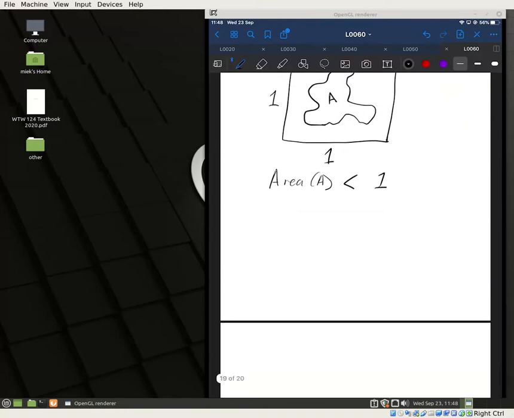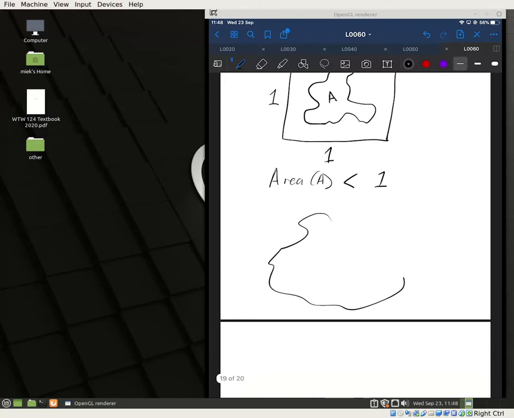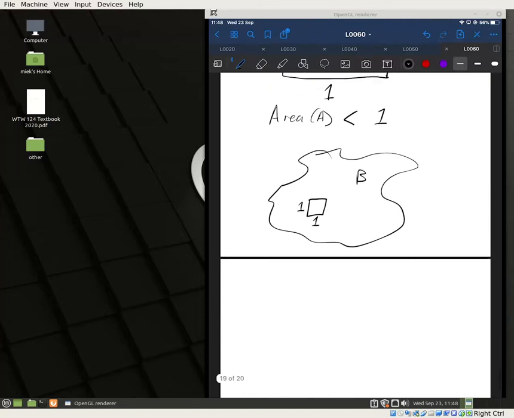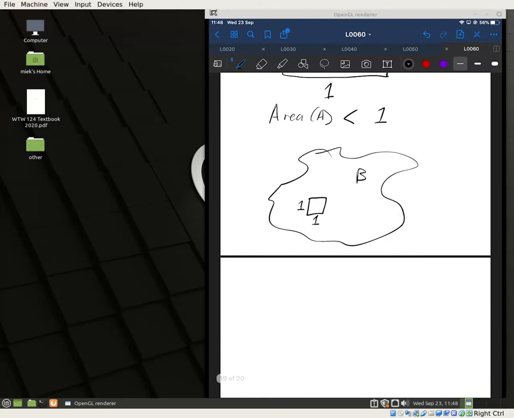And similarly, if we have some complicated shape B and we can fit a square of side length 1 inside of B, then we know something about the area of B. We know that it is bigger than 1.